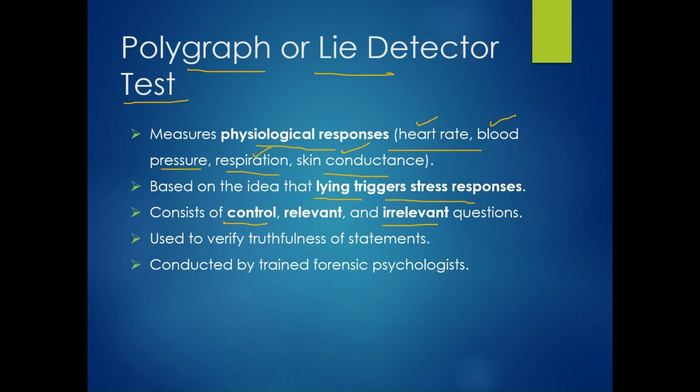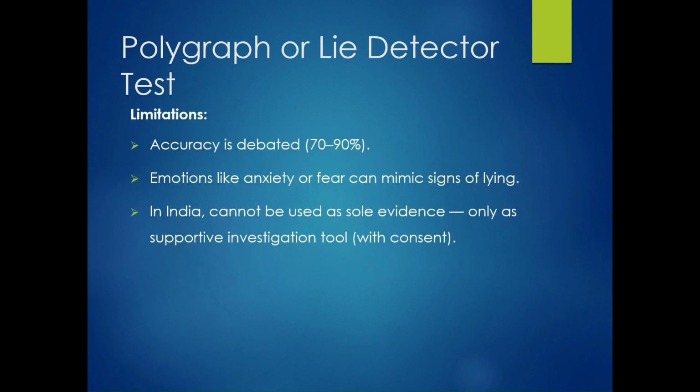And then finally there are relevant questions, the questions that are related to the crime. When a person is answering, their physiological responses are compared with the control or irrelevant questions, and this helps determine whether the person was lying or not. This is used to verify truthfulness of statements, and generally this is conducted by trained forensic psychologists.